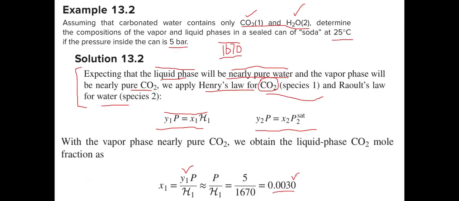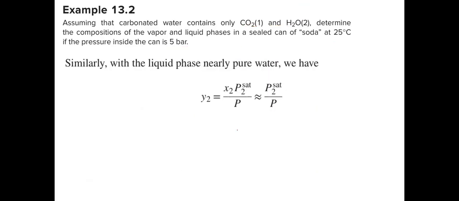Once you get x1, you can easily calculate x2, 1 minus x1, as we know x1 plus x2 equals 1, right? Similarly, we know the liquid phase is nearly pure water. So we have y2 is equal to x2 P2 saturated over P, where P2 saturated is the saturation pressure of water.